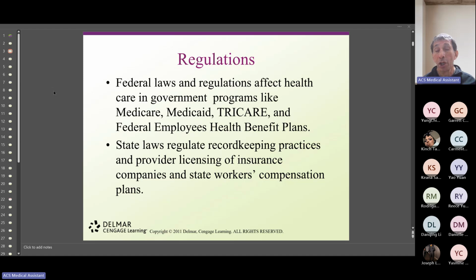So they're going to pay you your wages. They're going to pay you for medical services, anything that is needed until you return back to work, or they're going to give you disability services or benefits because you're not able to come back to work. If you die, then they're going to compensate your family for the loss. All that has to do with regulations.